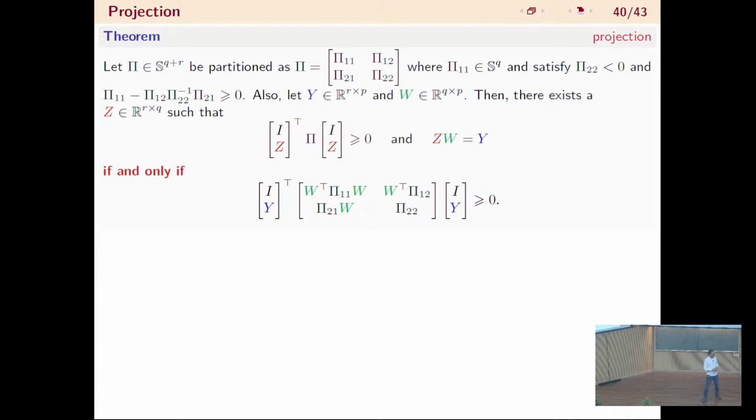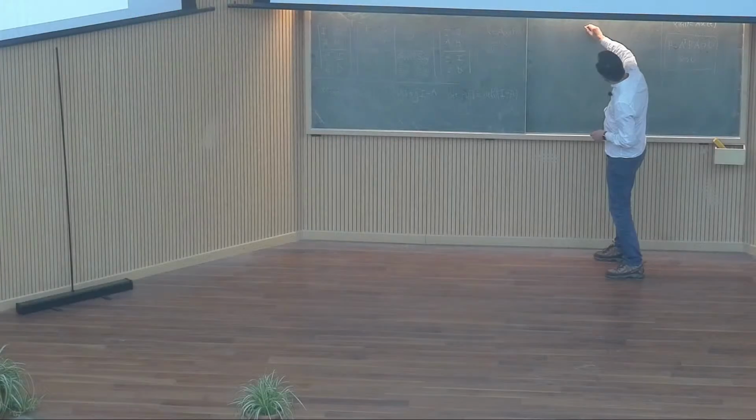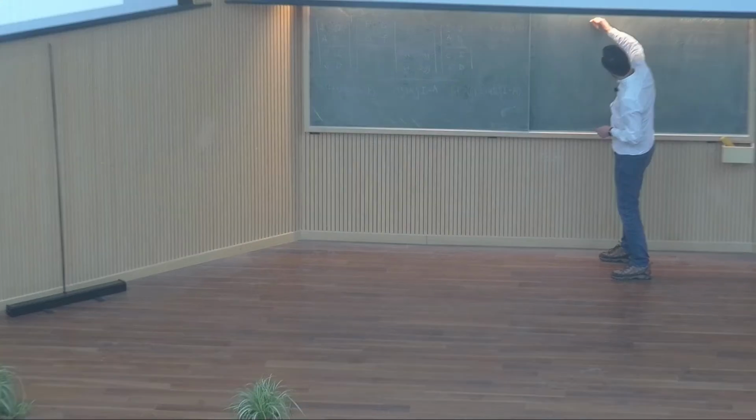But it doesn't say anything more than the following. Remember, what is the geometry of these quadratic matrix inequality sets? They are ellipsoids. I'm going to try to draw a 3D ellipsoid now. It's not easy, but I will give it a try.